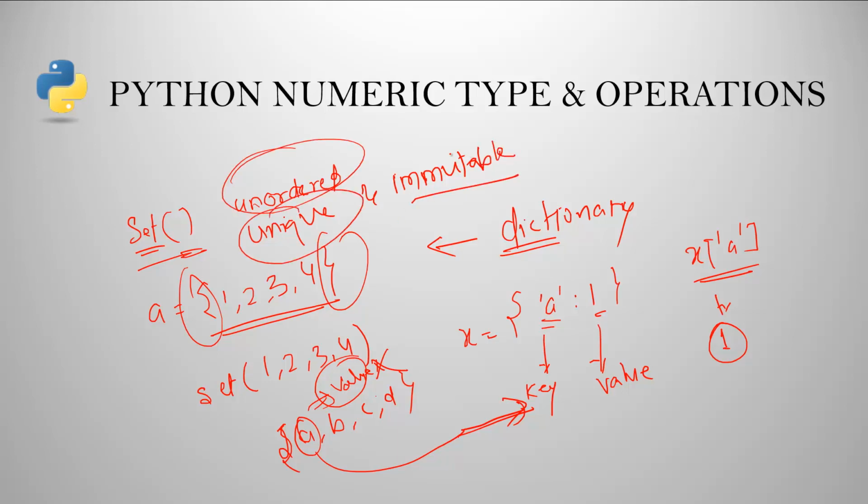And all these features should hold for the keys in a dictionary. So in a dictionary, the key should be unique and immutable.